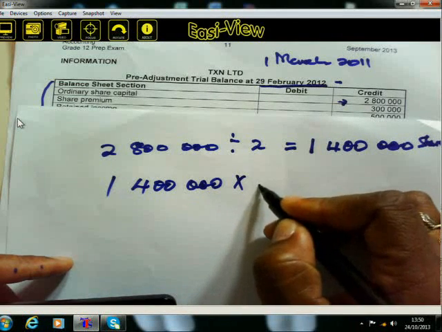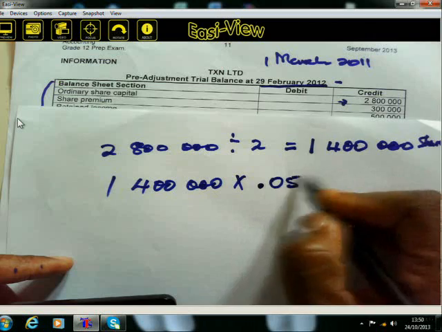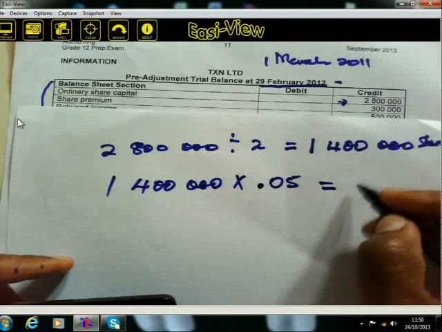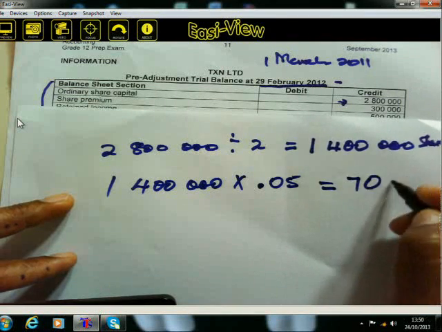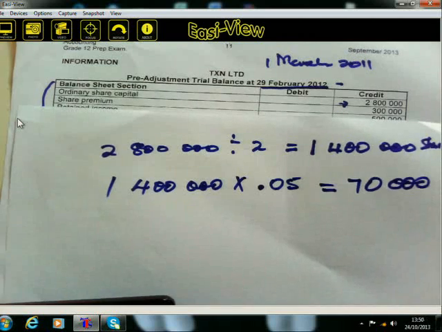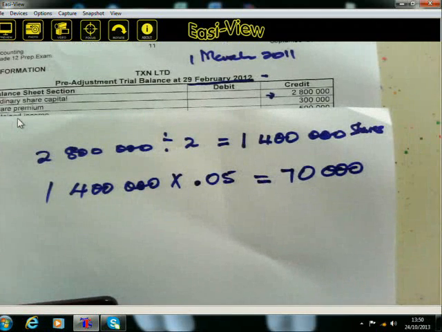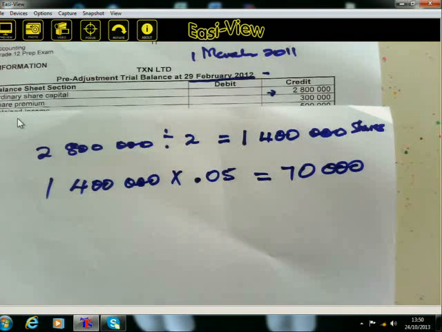Multiply by 0.05, being 5 cents. So here I get, if my calculations are correct, then you'll correct me, that the amount for shareholders for dividends is 70,000 rand. I hope you get the calculation correct.